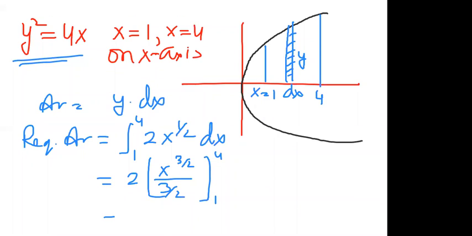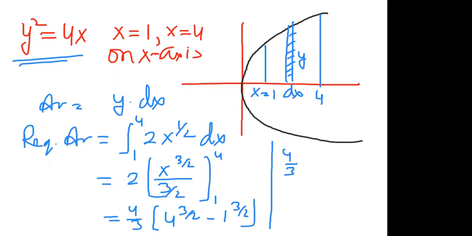I could write it as 4 by 3 times 4 to power 3 by 2 minus 1 to power 3 by 2. 4 to power 3 by 2 can be written, as 4 is 2 square, so it will be 8 minus 1. So 4 into 7 upon 3. So the area is coming 28 by 3 square units.